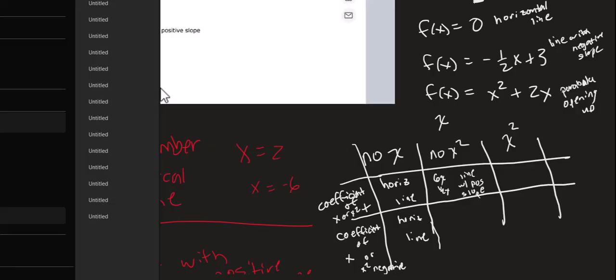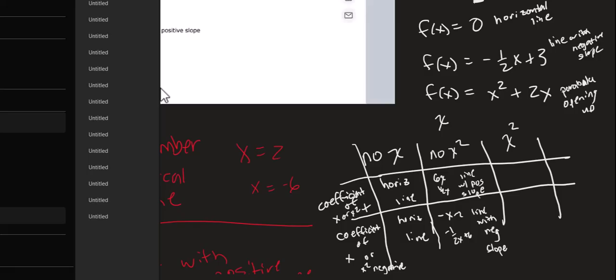If our x has a negative coefficient like negative x or negative 1/2 x, that's a line with a negative slope. Doesn't matter if it has a number with it as well. I could have +6 or -2, doesn't matter. X squared.